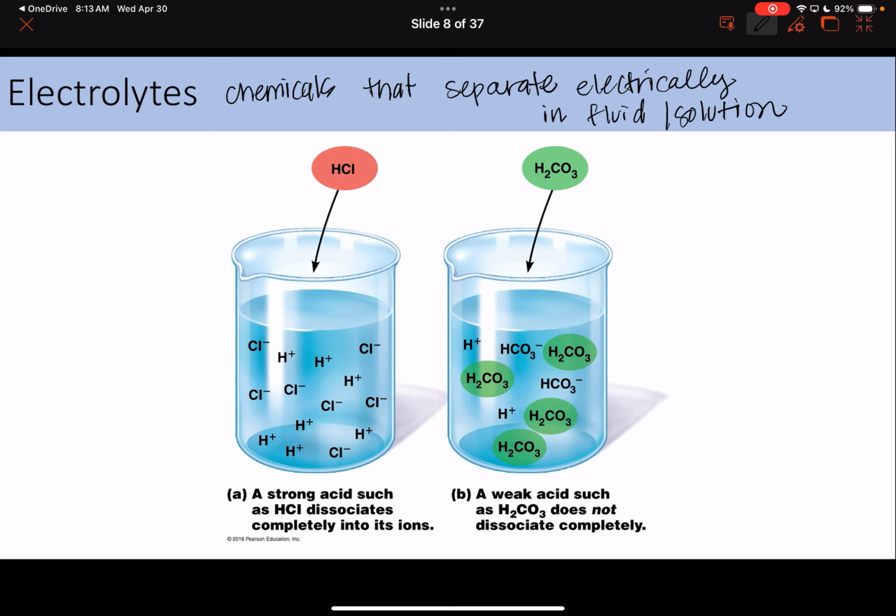It could be salts, which like sodium chloride will separate into a sodium ion and a chloride ion. That would be considered an electrolyte. Acids, we talk about the bicarbonate buffer equation all the time about the splitting of carbonic acid into a hydrogen ion and a bicarbonate ion. That would be considered an electrolyte. But if hydrogen is one of these separated ions, it's considered an acid.